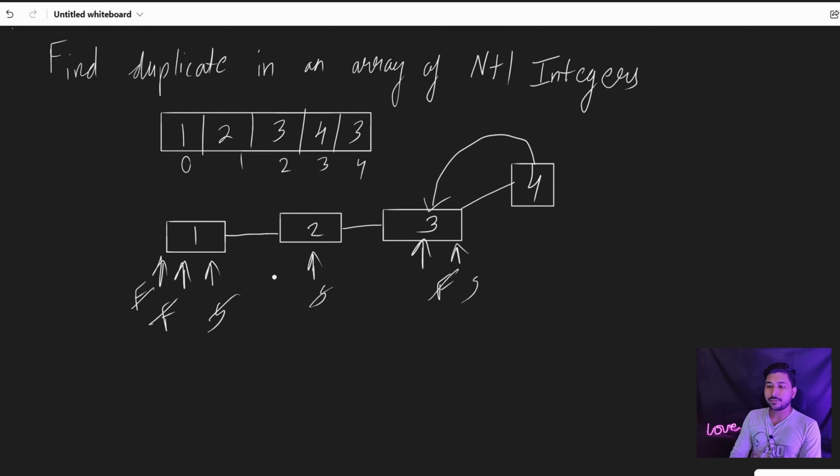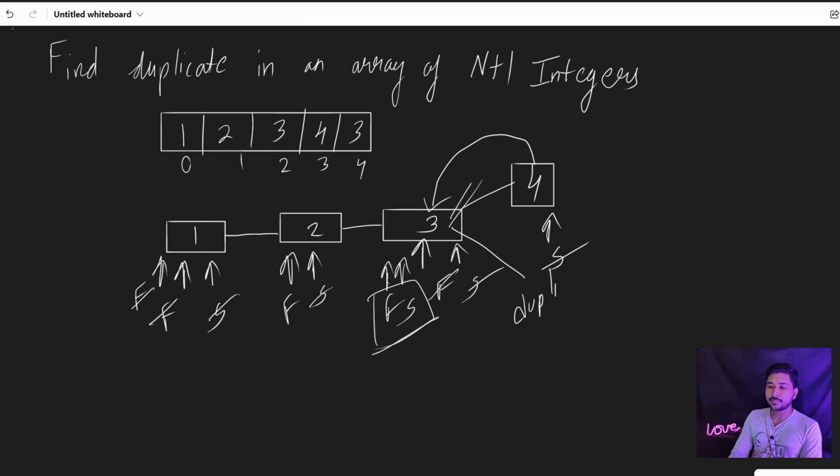Fast will take one step and come here, and slow will take one step and come here. Then fast will take one step and come here, and slow will take one step and come here. Whenever they meet, this is the element that you need to return because this is the duplicate element. This is the basic approach that you are going to follow.